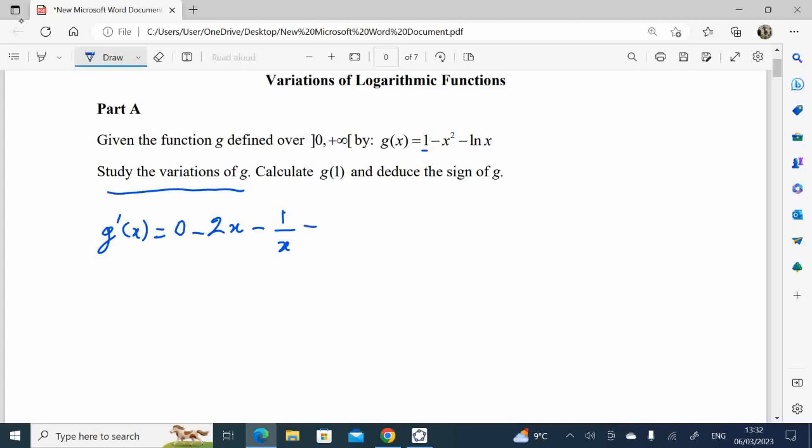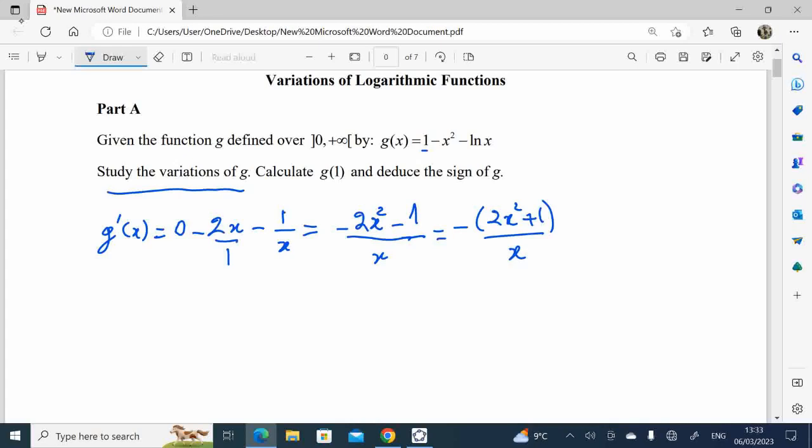So this is equal, common denominator here, so this is over 1, so it's minus 2x squared minus 1 all over x, which is equal to minus into 2x squared plus 1 over x.